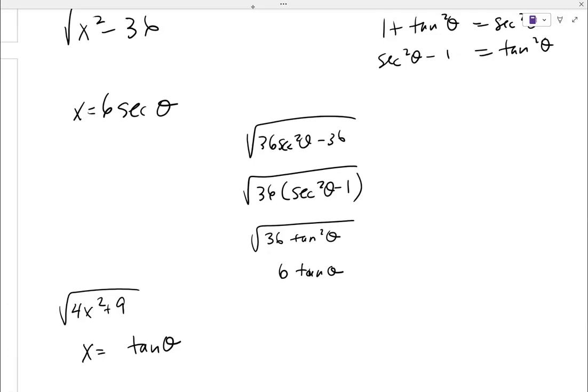9 over 4? And then I have to do that after I've squared something. So what do you square to give you 9 over 4? Yeah, 3 halves. Good. So I need a 3 halves out in front.